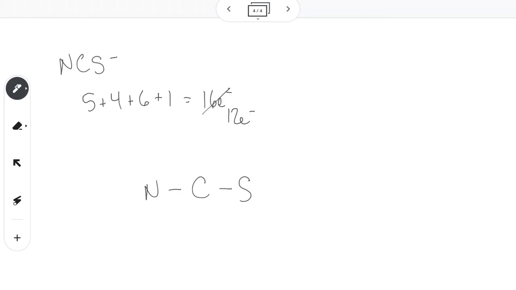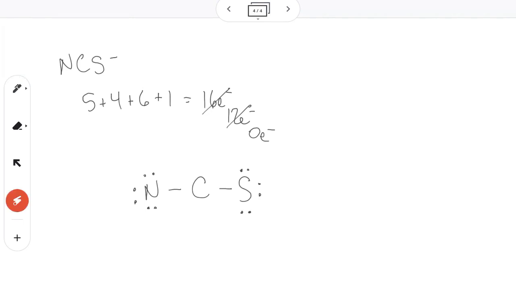Now, if I have 12 electrons remaining, how am I going to be able to appropriately create this structure? Well, I'm going to go through the same process we did with carbon dioxide and the others. I'm going to finish the valence shells of my ligands. 1, 2, 3, 4, 5, 6. 1, 2, 3, 4, 5, 6. That gives each of the 2 ligands 8 valence electrons. And in the meantime, it also used all of my valence electrons.